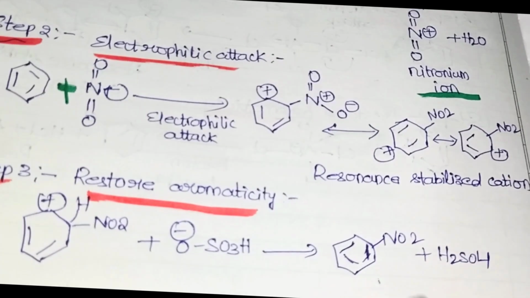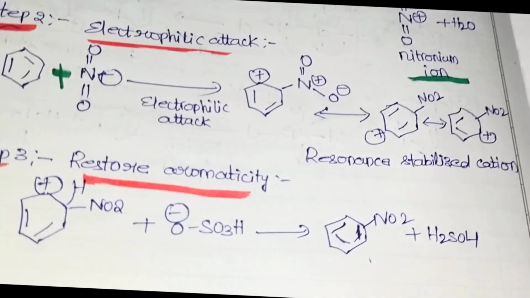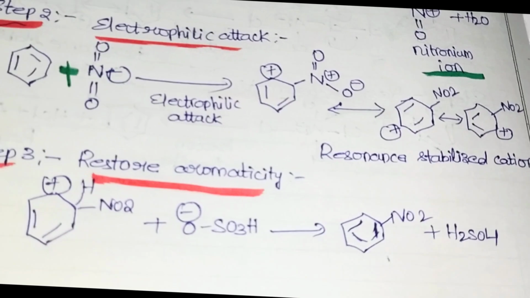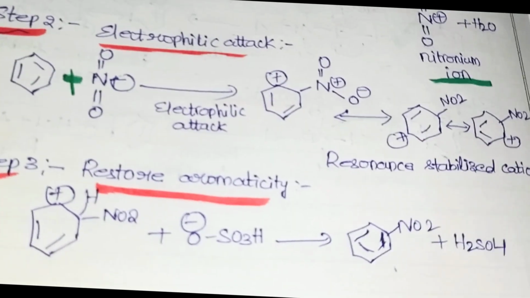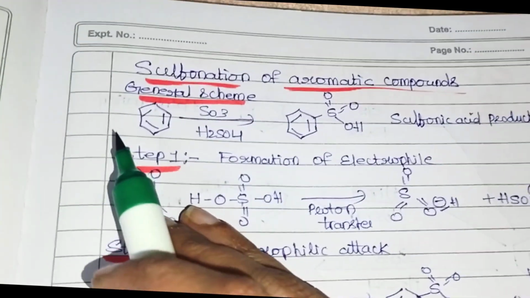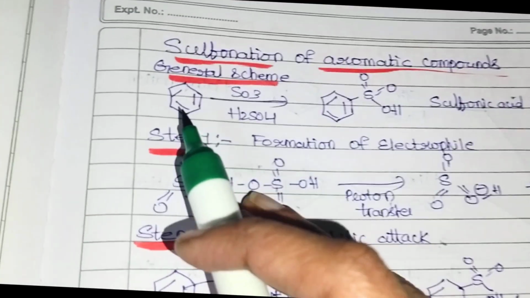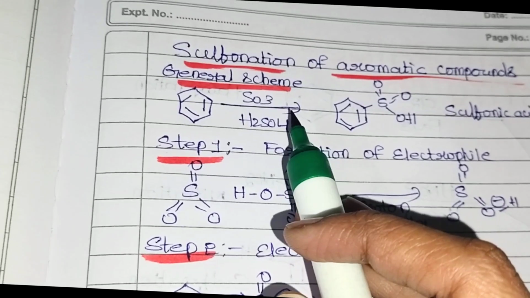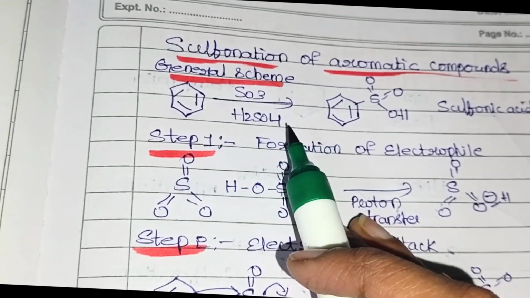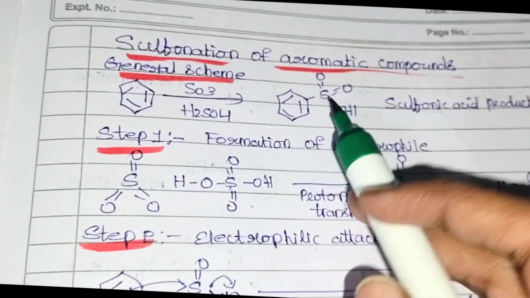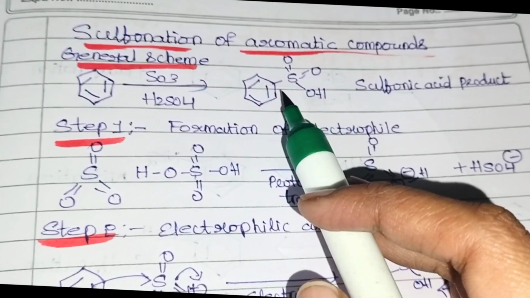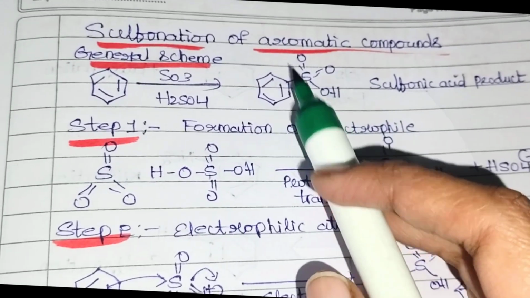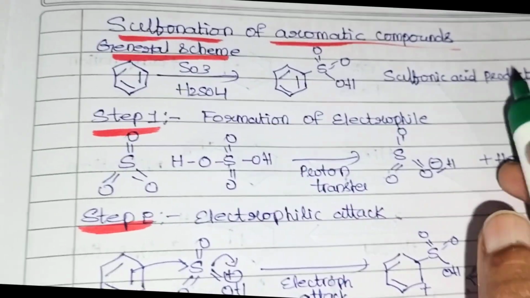So we got nitration of the aromatic compound, benzene, giving nitrobenzene. Next is sulfonation of aromatic compounds. Here also the same general scheme as we discussed. Benzene reacts with SO3 in the presence of sulfuric acid, which is a catalyst, and forms the sulfonic acid product, SO3H.